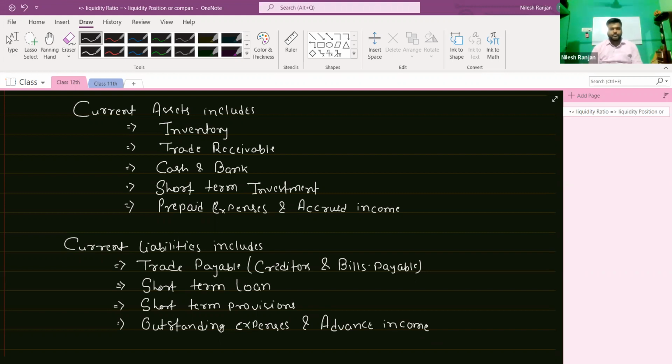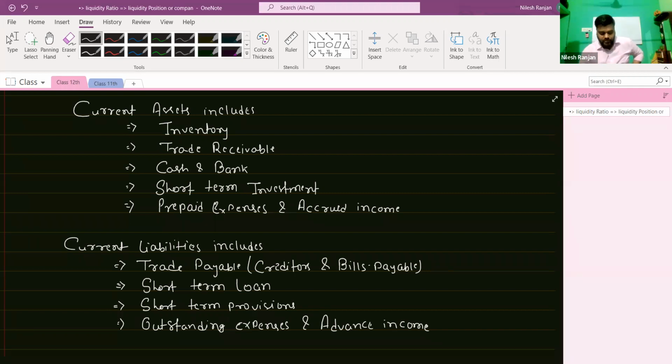Done, sir. Okay, so you understand each item written in there: inventory, trade receivable, cash and bank, and short-term investment. It means you invested money somewhere and it is for short term, 3 months, 6 months, or less than 12 months.